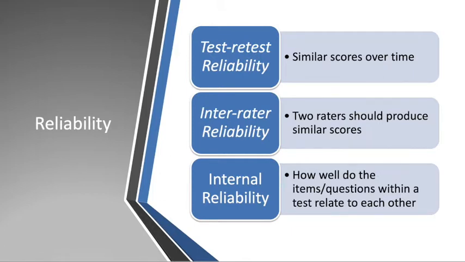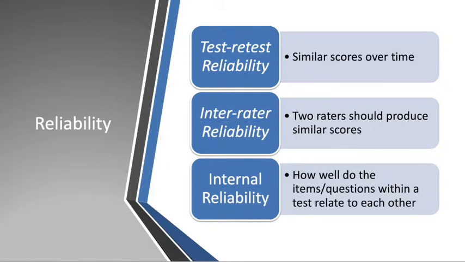So reliability, if you remember with me, is the ability of a scale or a measure to measure something consistently across time and across situations. And there are several types of reliabilities.